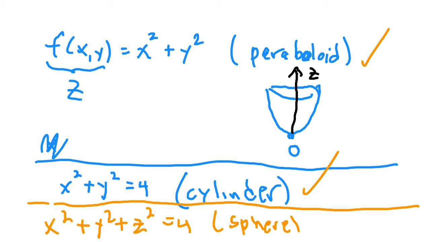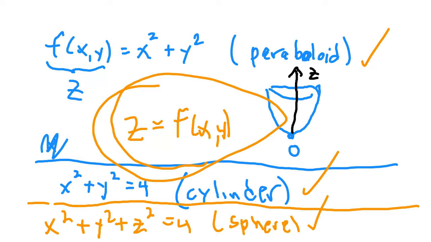It's a surface, but we can't write z equals f of x, y. We can't take a sphere and write it in this form. So we want to have a very general approach that can help us analyze these kinds of surfaces.